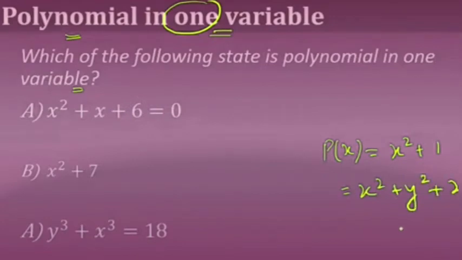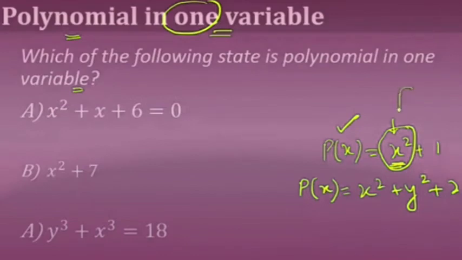I'm giving you an example. First is p(x) is equal to x square plus 1. Here you can see only one variable is there, that is x. So we can say it is a polynomial in one variable, and we can write p(x) is equal to x square plus 1.